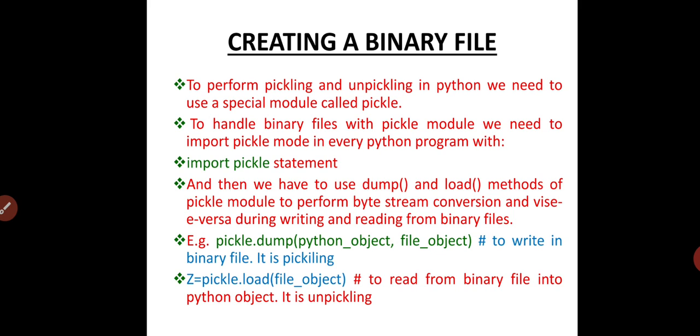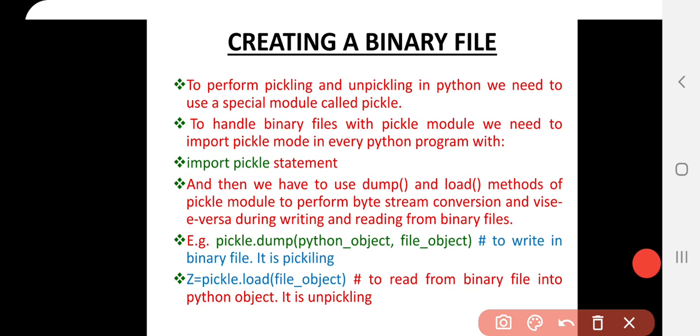So how to use the pickle module? We just write the import pickle statement in the program. Thereafter, to invoke the dump method, we use pickle.dump. The pickle.dump statement is used to write the Python object into the binary file.